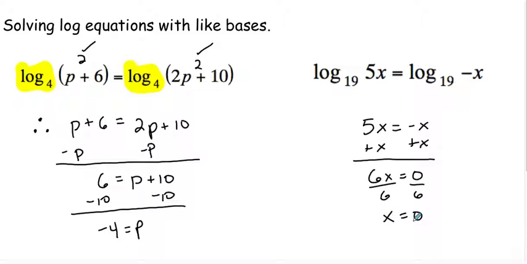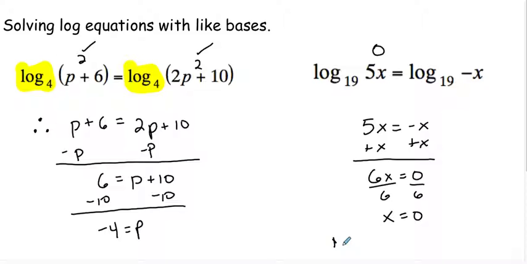But here, notice if I plug this back in, 5 times 0, that's 0. And I can't have an argument of 0. So that's not a valid logarithm. And over here, if I were to plug this in here, I'd end up with negative 0, which is also 0, which I also can't have.